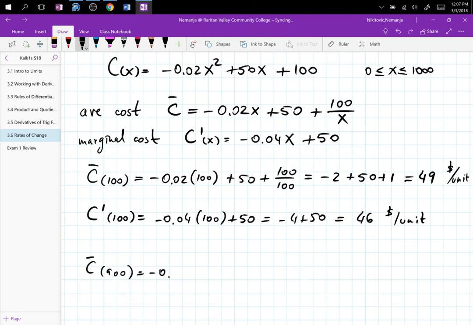Well, it's negative 0.02 times 900 plus 50 plus 100 over 900.